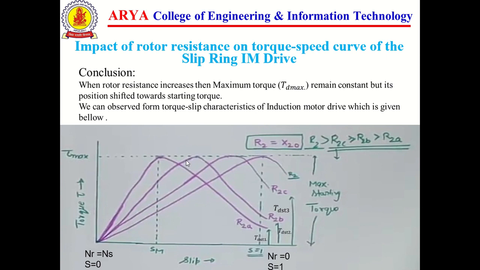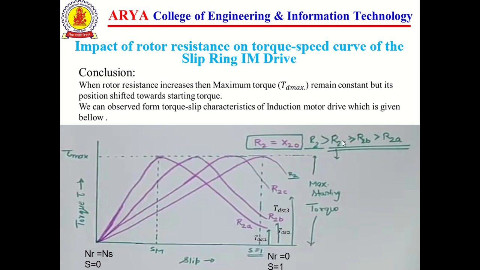In this figure, second, if we increase the value of rotor resistance, you can see this graph. But the most important point is that the maximum value of torque is shifted from this position to this position.